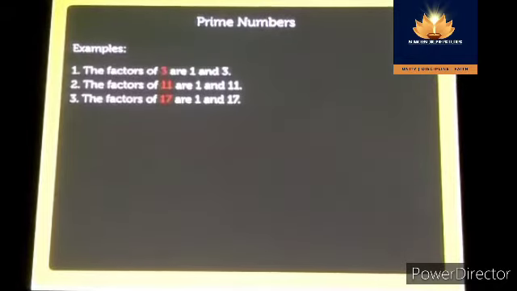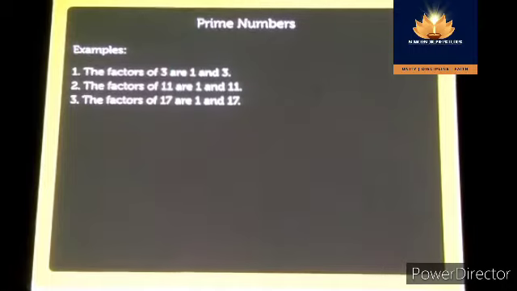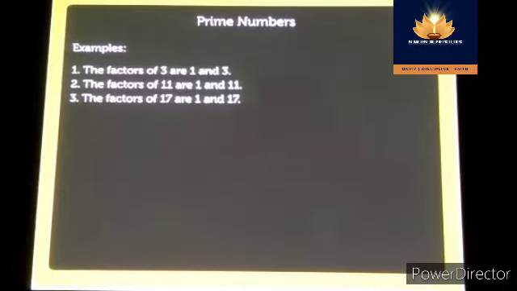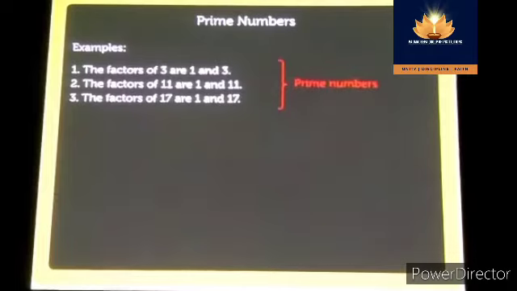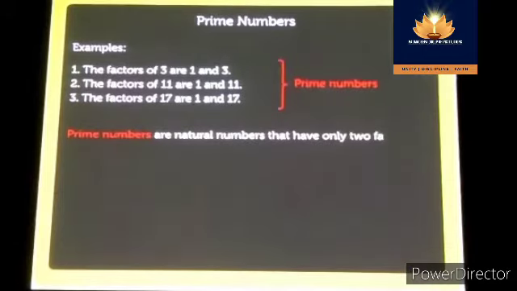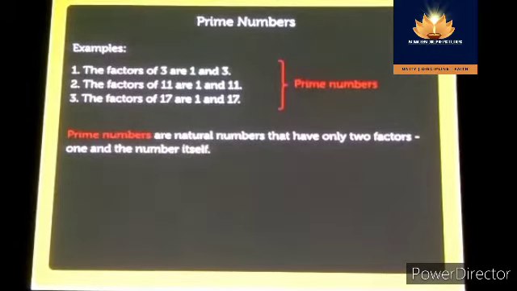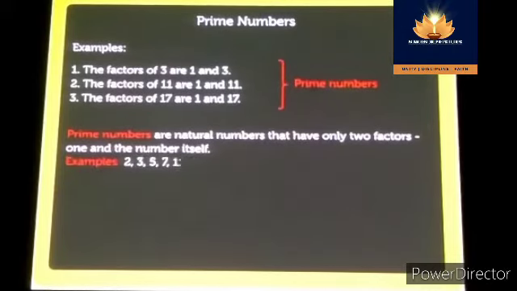All these numbers have only two factors, 1 and the number itself. Such numbers are called prime numbers. Thus, prime numbers are natural numbers that have only two factors, 1 and the number itself.